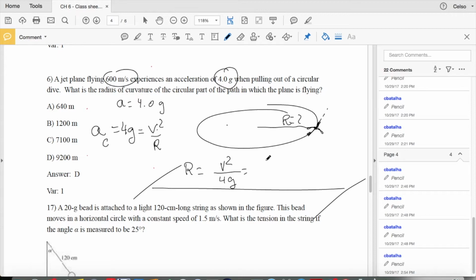We take 600 v squared divided by 4 times 9.8. Well, I don't want to invest a lot of time, but I made g equal 10 just to make it simple. This is about 9,000 meters. So I think this is the best option.